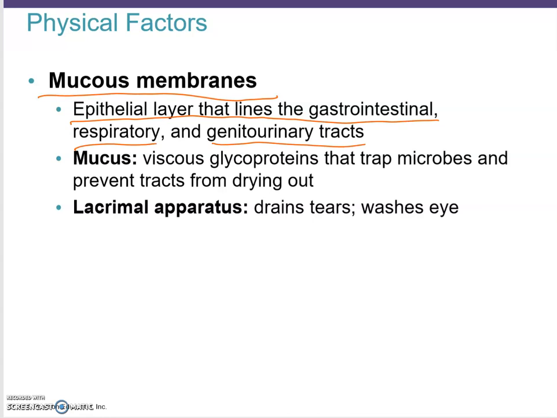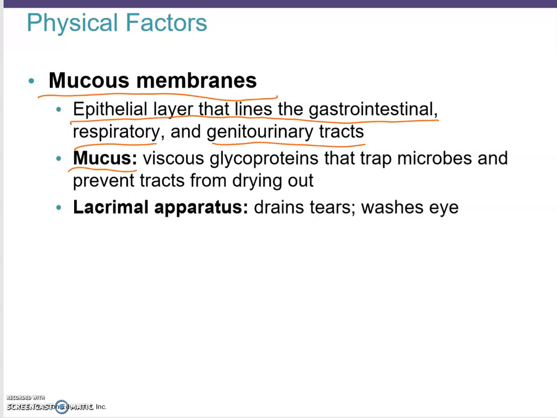You have lots of mucous membranes in your body, in your mouth, your nose. A lot of times we are secreting mucus, which is a viscous glycoprotein that traps microbes and prevents tracts from drying out. So mucus is a great substance. It keeps everything moist, but it also protects and traps microbes so they can't really penetrate.